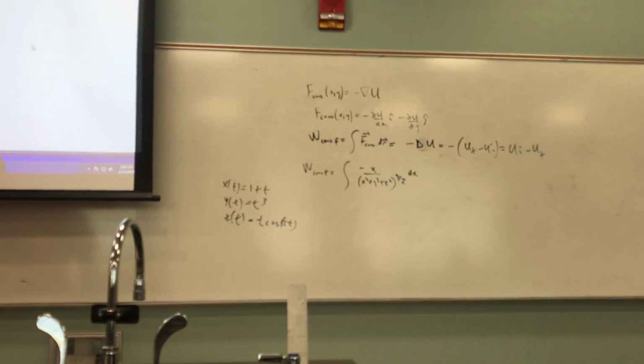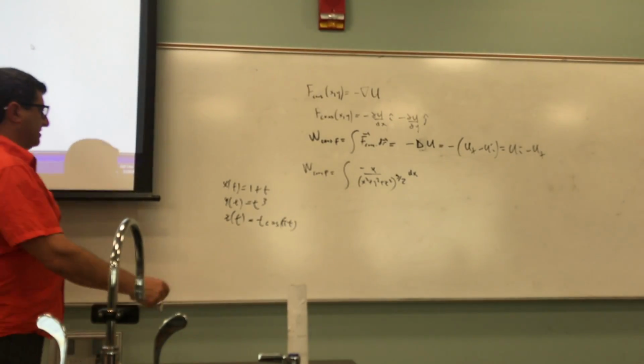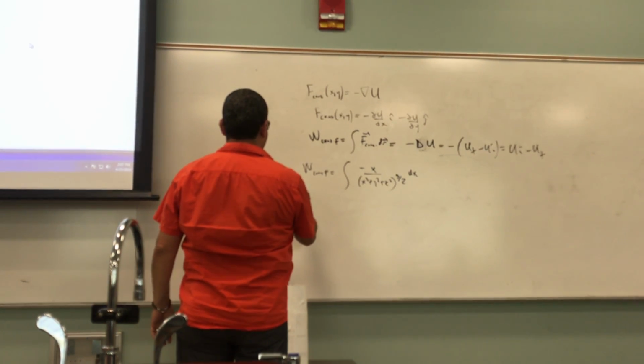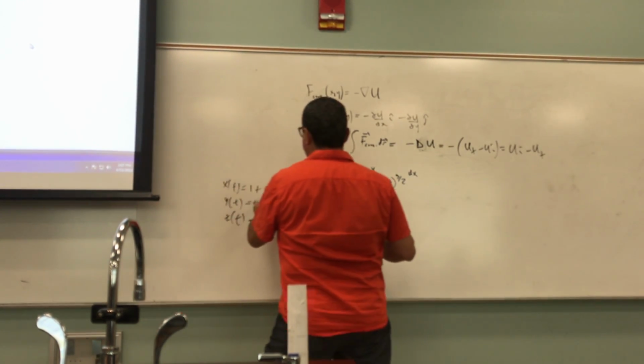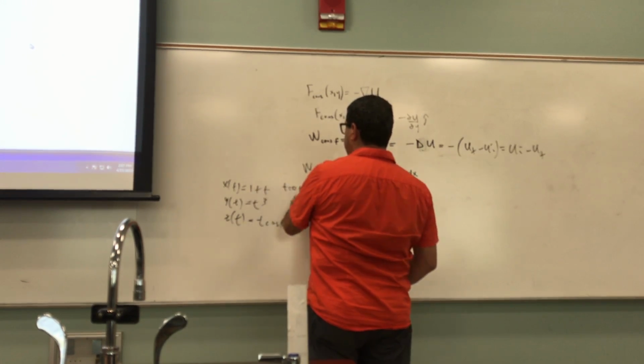And then t goes from 0 to 1. So what is the range of the x? If t goes from 0 to 1, the initial x is 1, and then the final is 2.